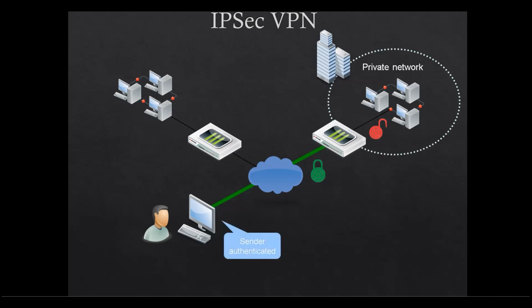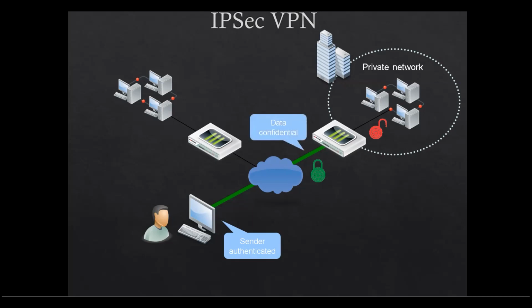Now, sender authenticated. So three pillars, right? Confidentiality, integrity, and authentication. That's what it says over here as well, that the sender is authenticated, meaning that once the traffic reaches the other side, it will definitely have the source IP. By having the source IP, the authentication will take place, confirming that this guy is actually sending the traffic.